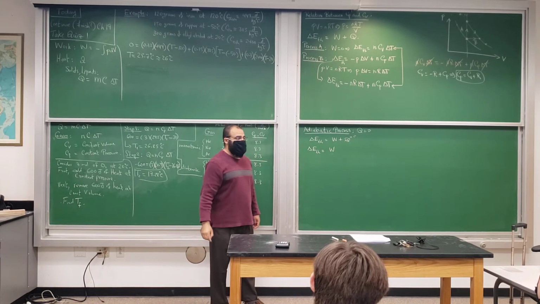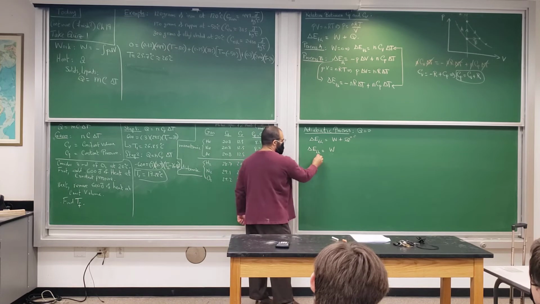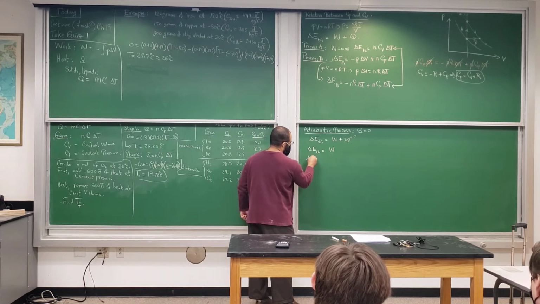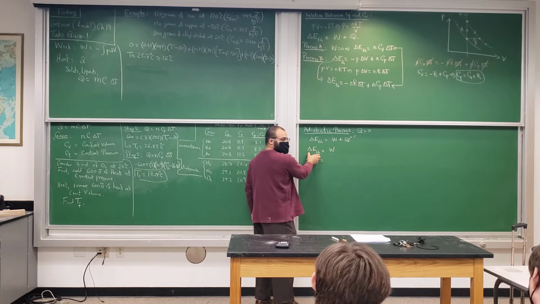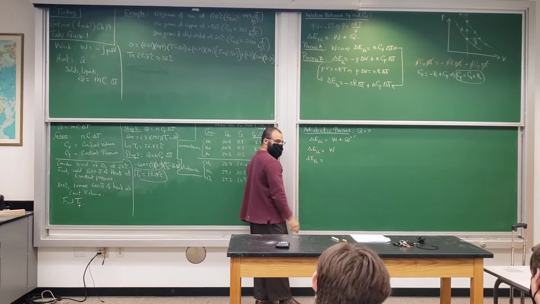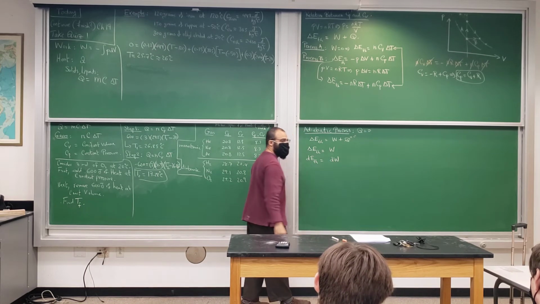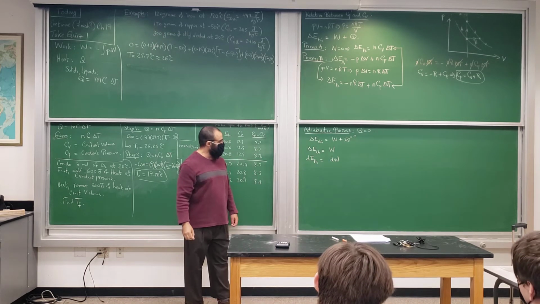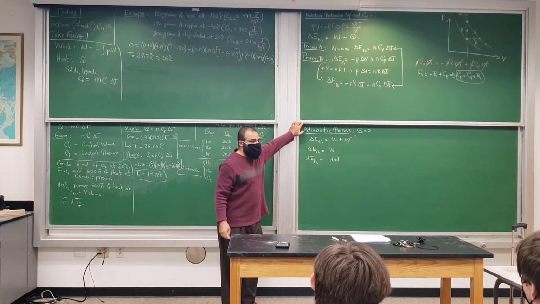Okay? And I'm going to write this in differential form. So dE thermal, a small amount of change in E thermal, is equal to a small amount of work, dW. Now, the change in thermal energy, we wrote it in two different ways, right?